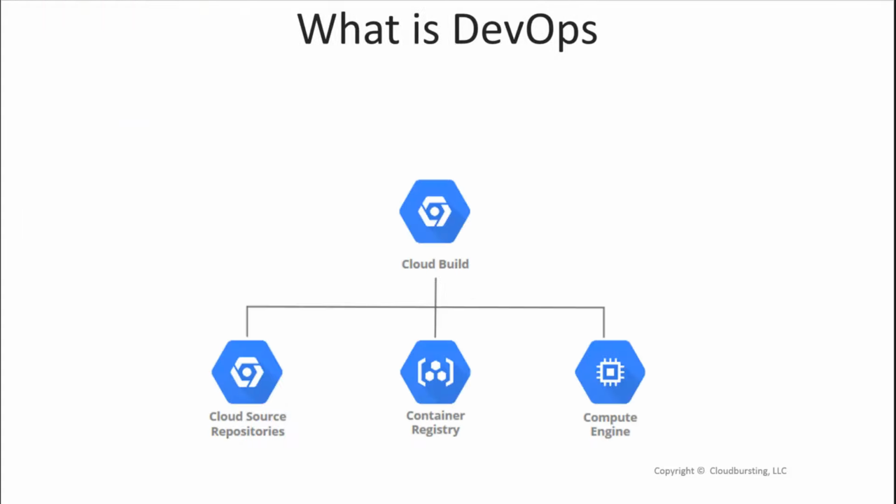Now, when we consider tools on Google Cloud, we of course have Cloud Build, Cloud Source Repositories, Container Registry, and Compute Engine, for example. With Compute Engine, in the demo, we're using it essentially to deploy Jenkins.